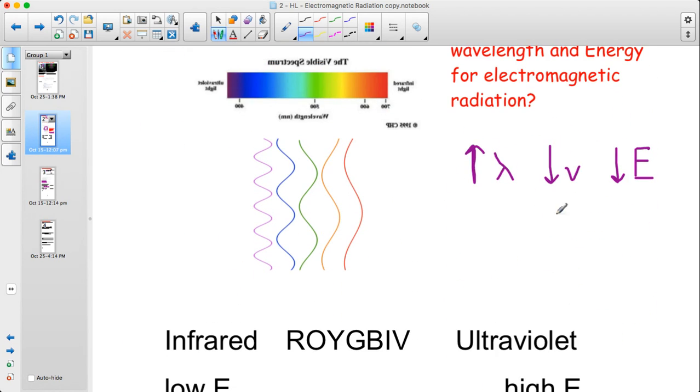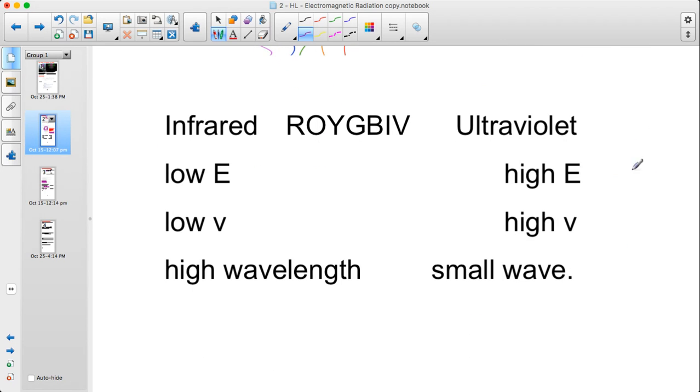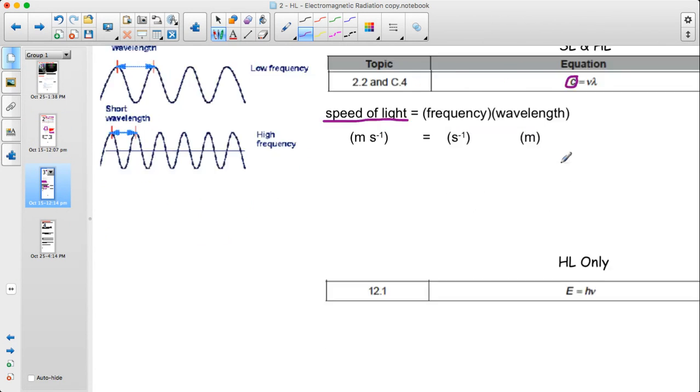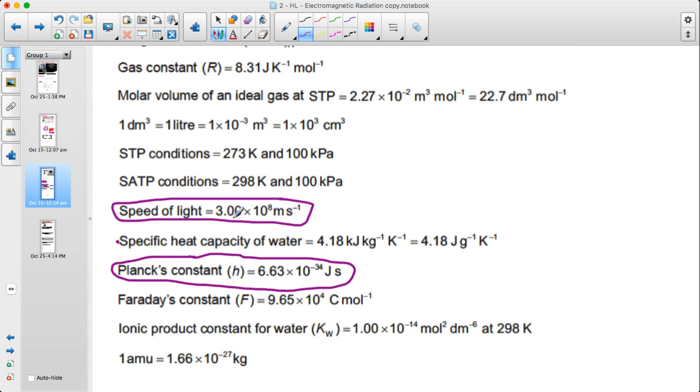Understanding the relationships between wavelength, frequency, and energy for light, being able to recreate those relationships for this part of the electromagnetic spectrum. And then on paper 2, using this equation, c equals lambda ν, and this constant, 3 times 10 to the 8th, to perhaps calculate a frequency or a wavelength.